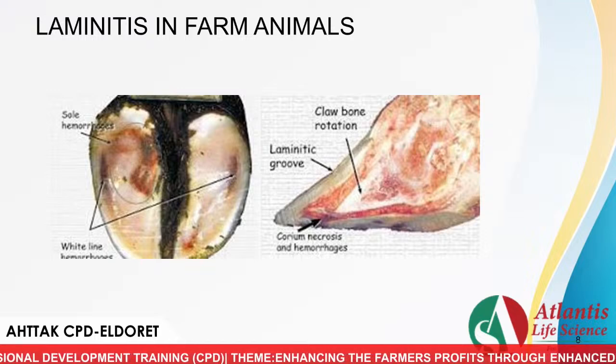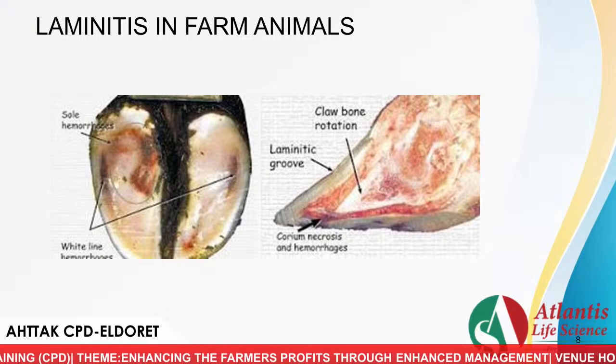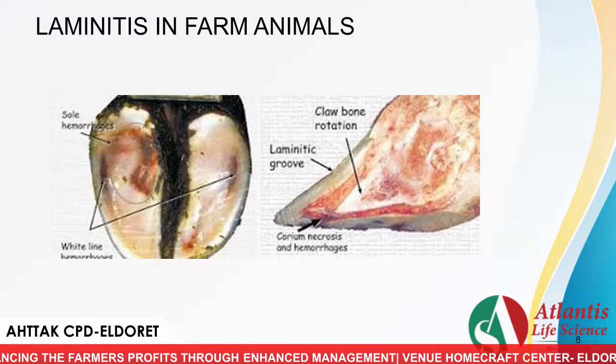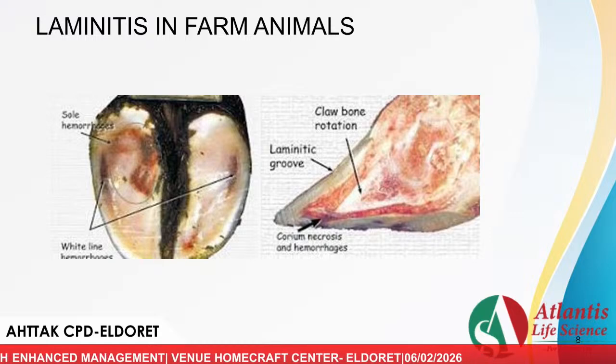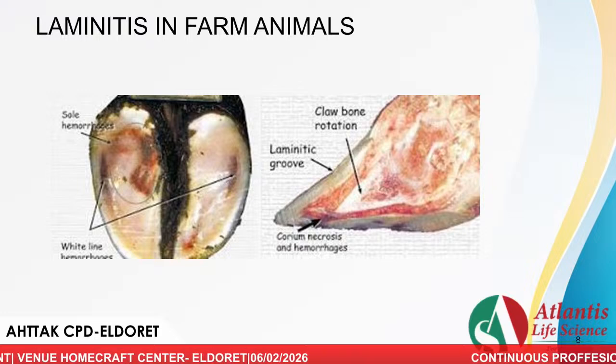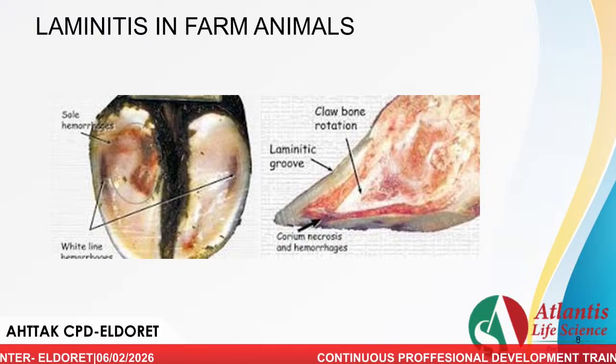Now, the white line is just here, and it's also a very important structure that we'll talk about later. So when the hoof is affected, there are a lot of changes inside.